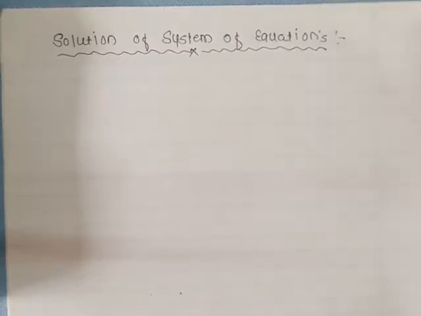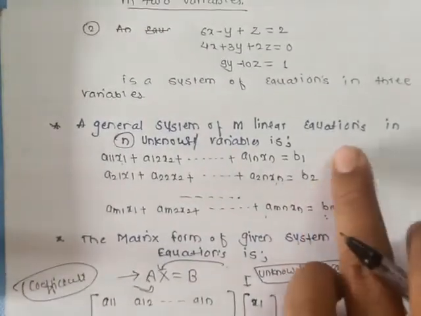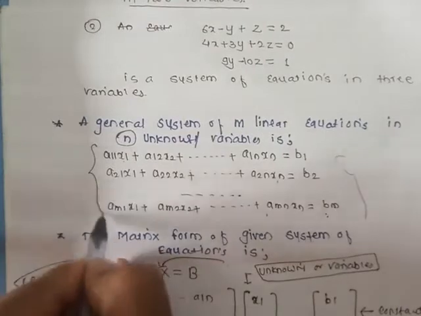Now we have the solution of a system of equations. What is meant by the solution of a system of equations? The unknowns x1, x2, xn simultaneously satisfy each and every equation. Suppose this is our system of equations.